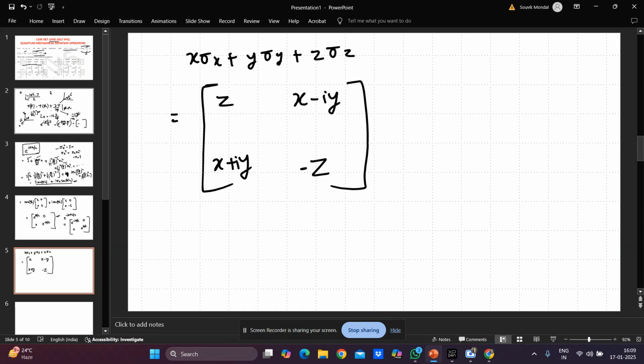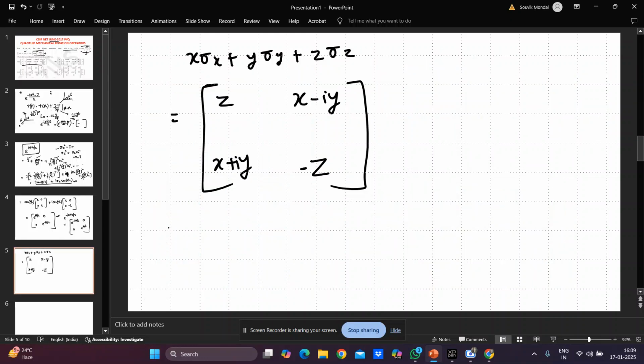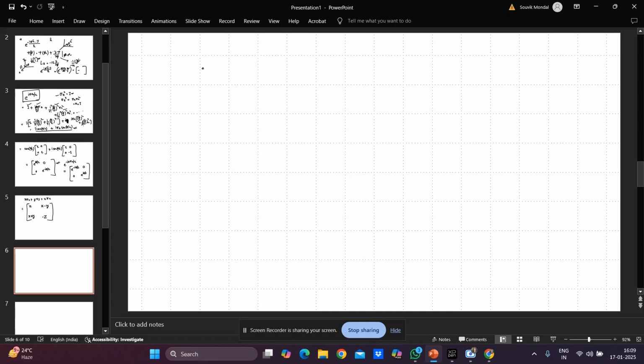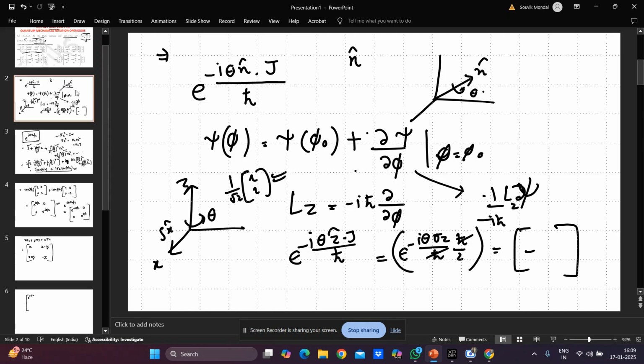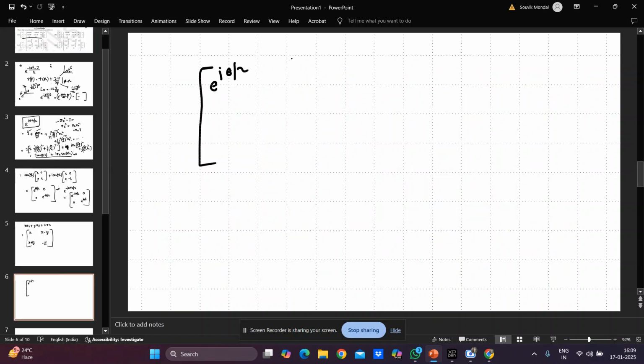Now substitute all these things, e to the power this thing and this thing. So you have e to the power I theta by 2, 0, 0, e to the power minus I theta by 2.